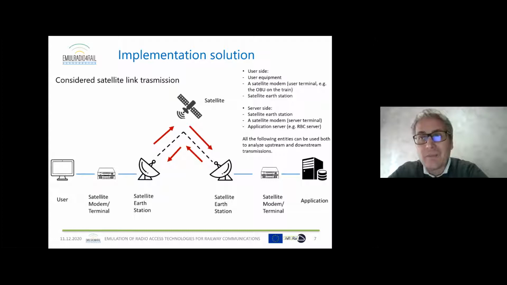These are the main components of the satellite network, in both directions, upstream and downstream. We consider them in order to emulate it at IP level.